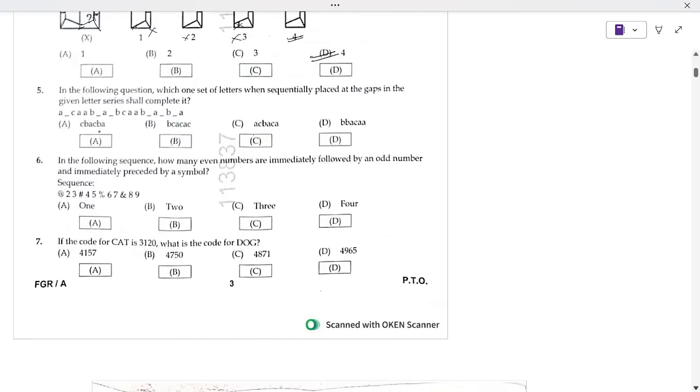Next is a pattern. This is reasoning. So here A dash C A B is there.